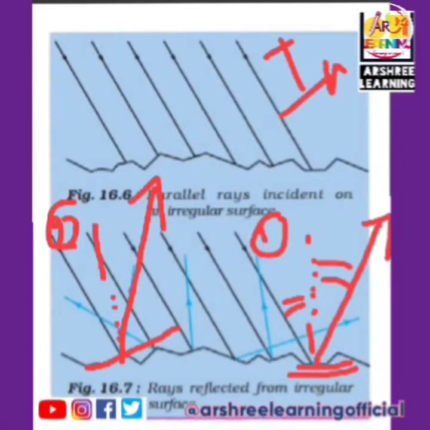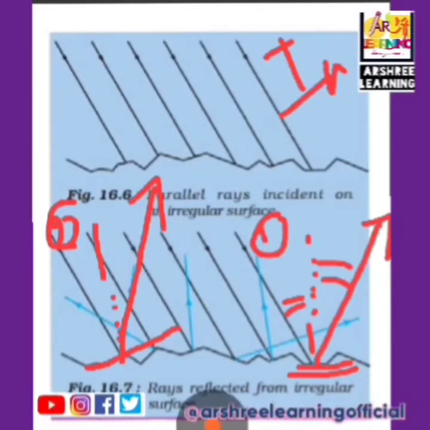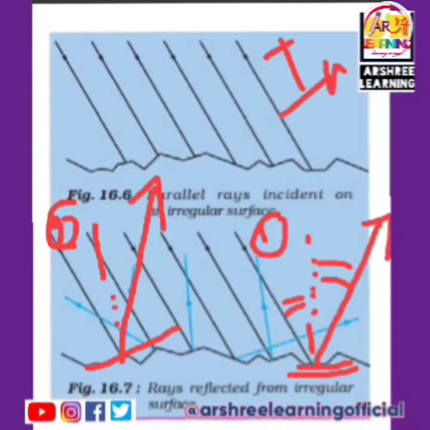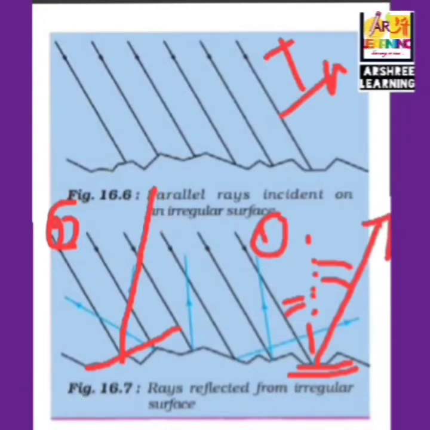If we make a normal here, then again in this case also the angle of incidence and the angle of reflection will be the same. So the law of angle of incidence and angle of reflection is applicable on regular as well as irregular surfaces.